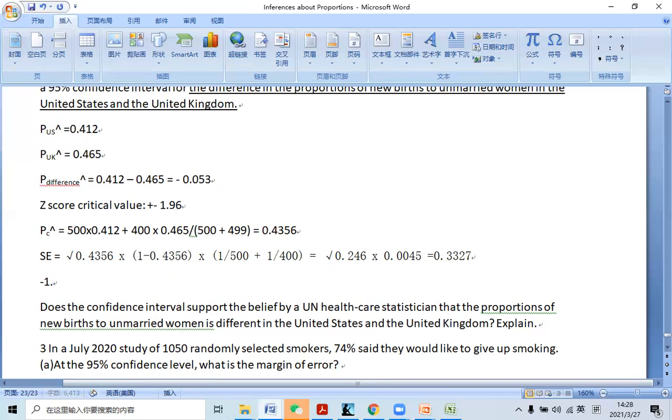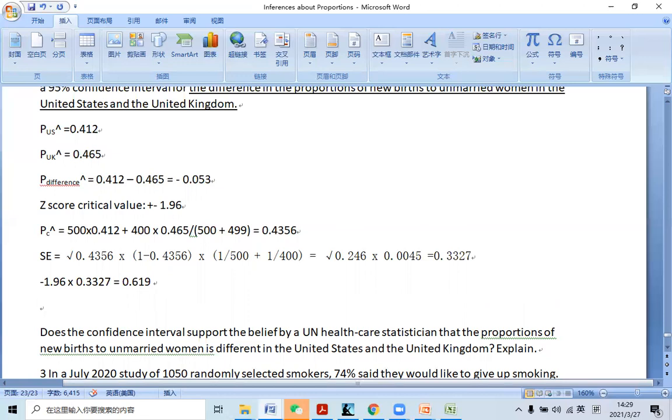Negative 1.96 times 0.3327 is negative 0.619, that's negative 60%.